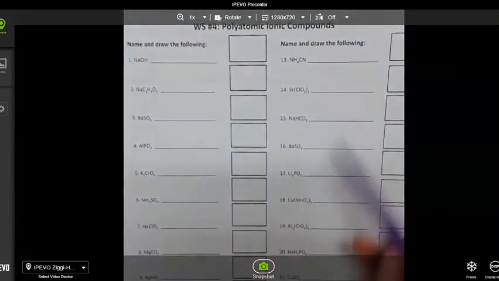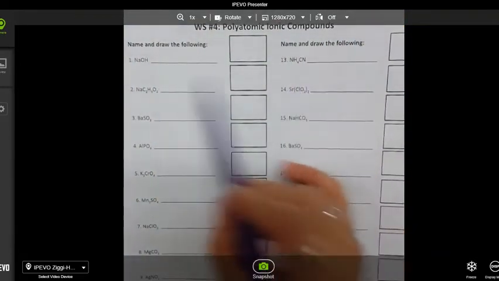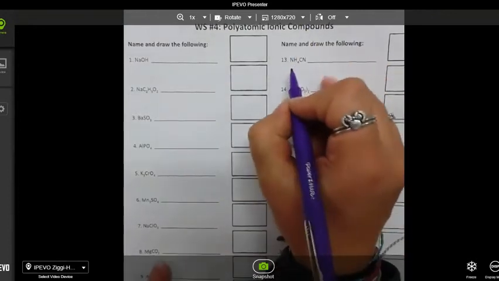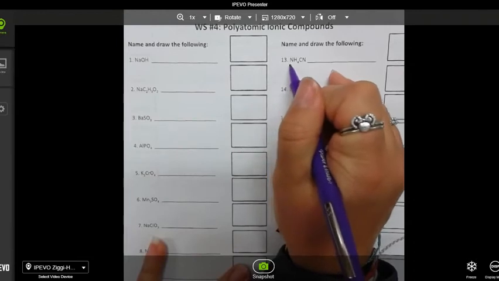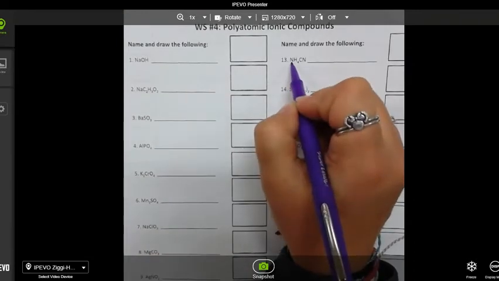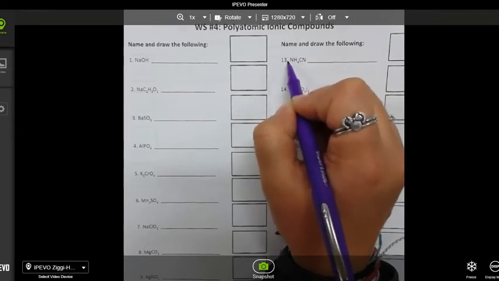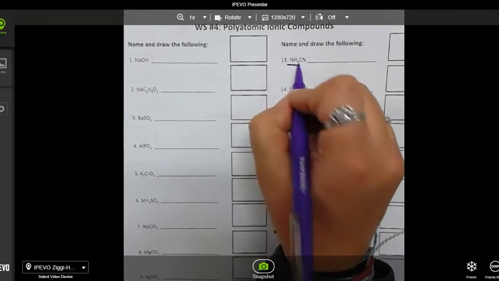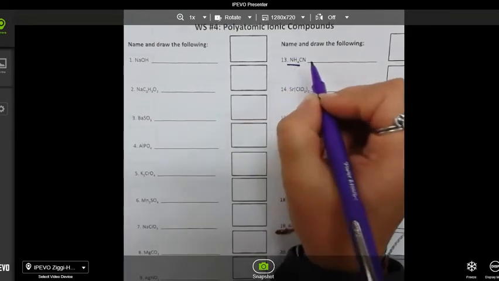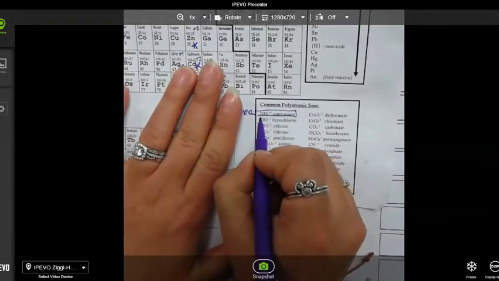All right, so this whole front page, you're taking the compounds and then you're naming them. So this one, I'm going to name the cation. Now, I am not going to name the metal because nitrogen is not a metal. If I know nitrogen is not a metal, I can't name it first. So that's probably because NH4 is a polyatomic, which it is.